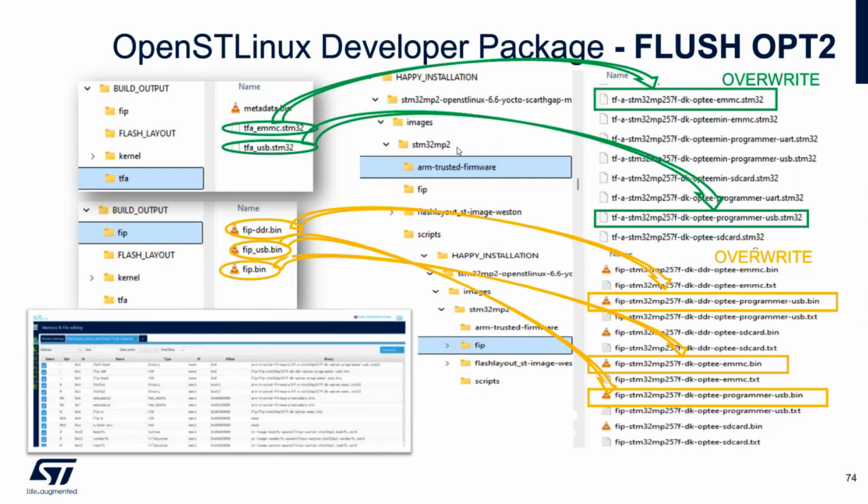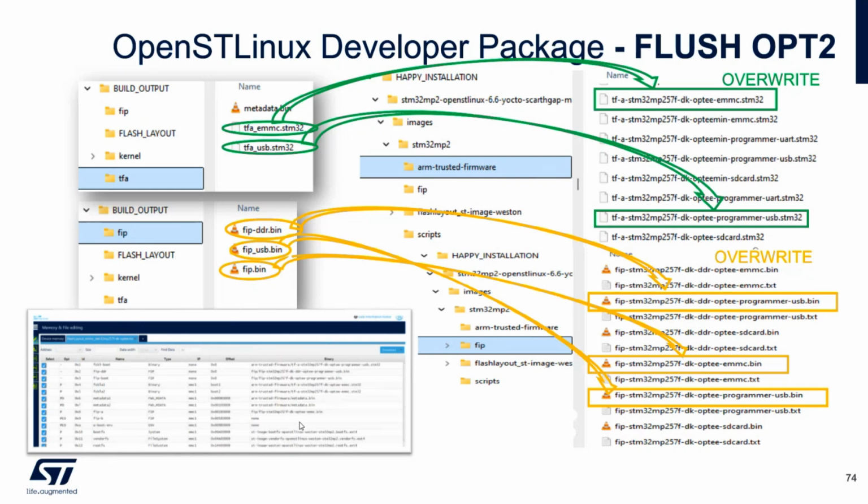Inside each folder, you have the files that you can use for flashing the board using QProgrammer. You can simply overwrite these files, so the two TFA, the 3 FIP. And after that, you can use QProgrammer for flashing your custom board with the low-level components updated.